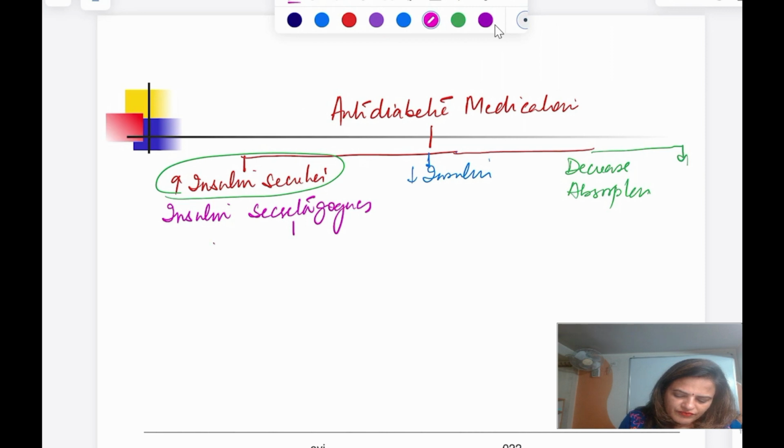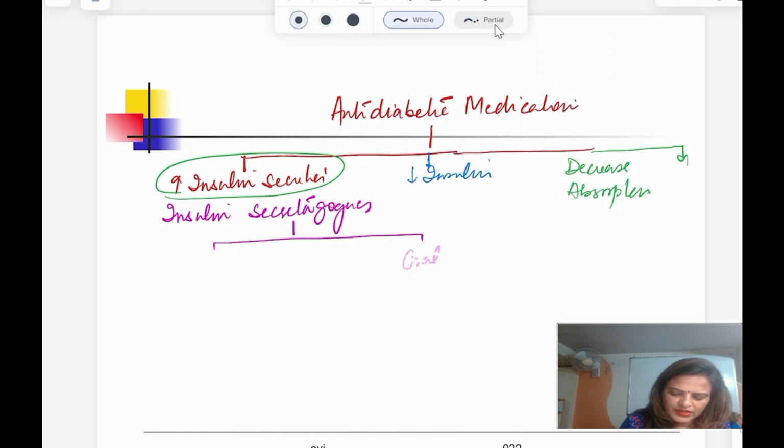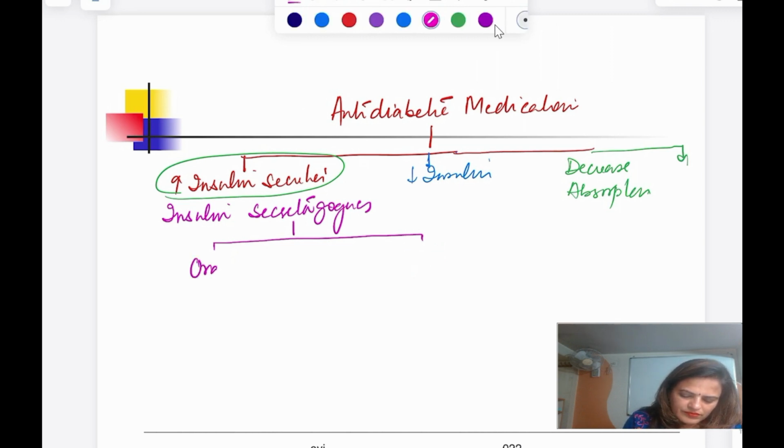They are further of two types, parenteral and oral.